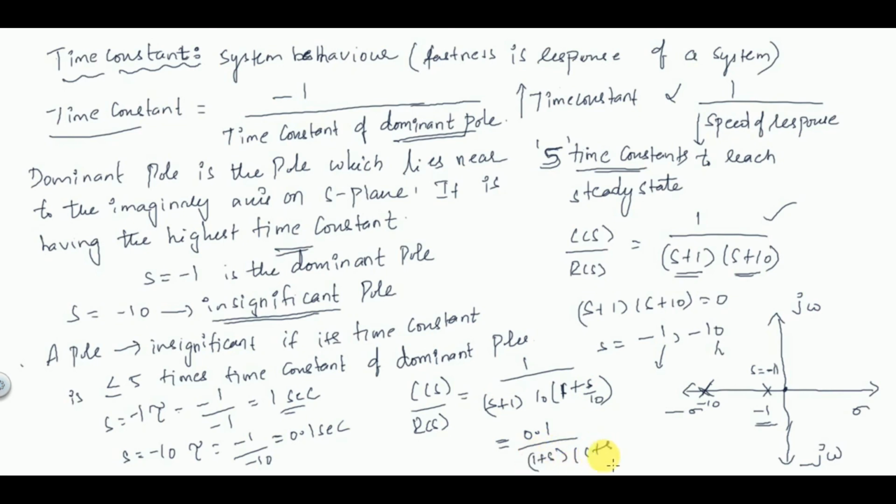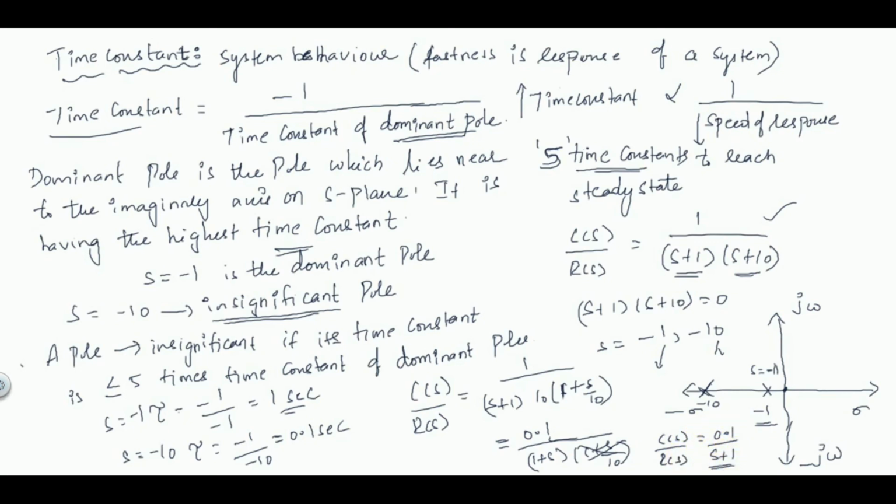This is the pole-zero form converted into time constant form, 1 plus S tau form. Now we can eliminate this insignificant pole, so the corresponding transfer function is C of S by R of S is equal to 0.1 by (S plus 1). This is the equivalent transfer function.